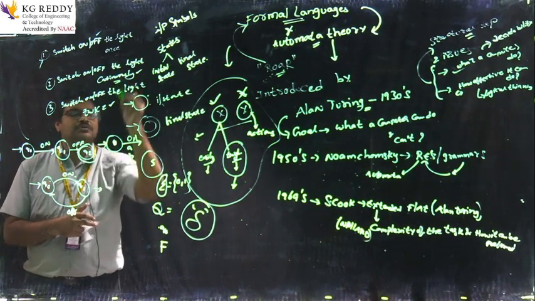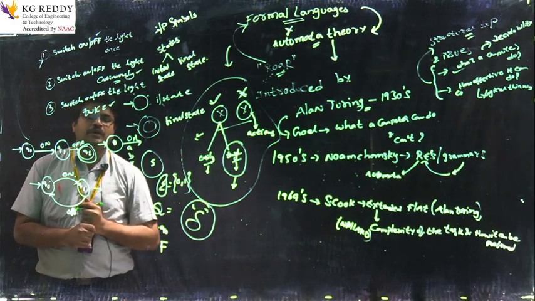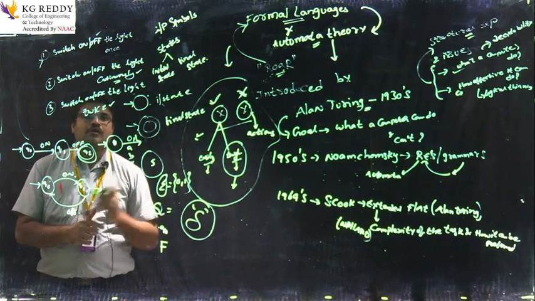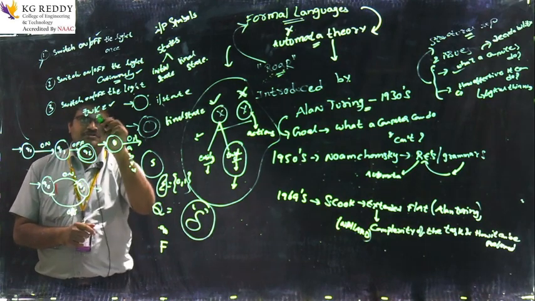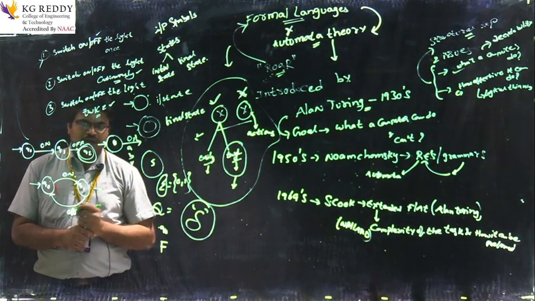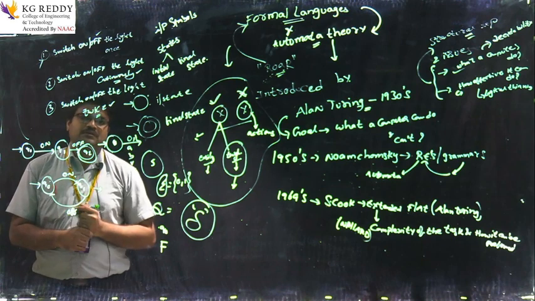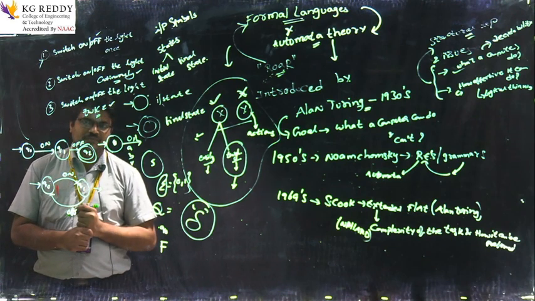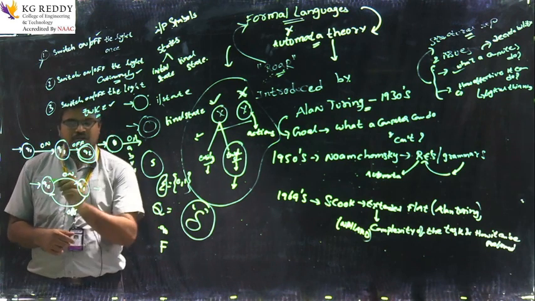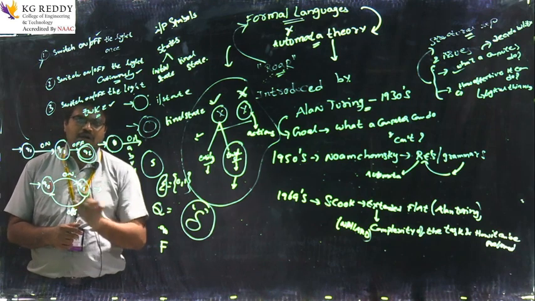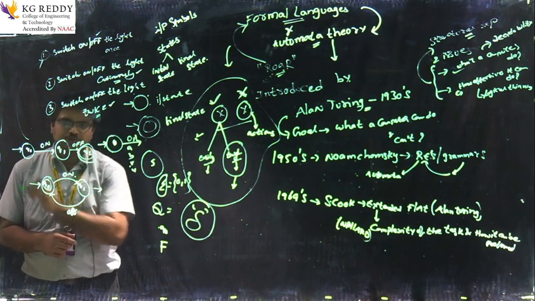Here I have asked you to do it continuously. I did not mention how many times you have to switch on or off. That is why I have not mentioned the final state here. You can say, sir, you have already completed on and off, so let me put Q naught as the final state.